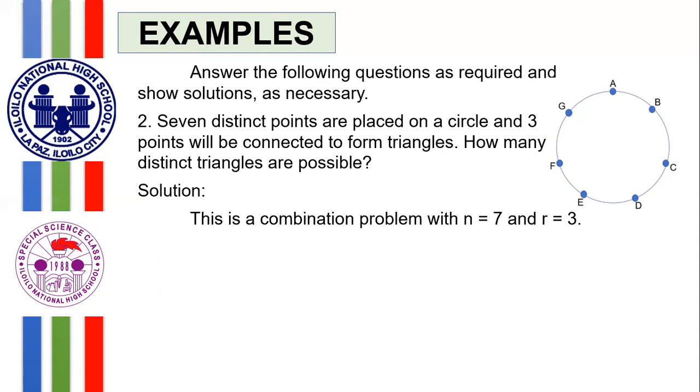So here, our n will be 7 because there are 7 points. And since a triangle has 3 vertices, then you will be taking 3 of them at a time.